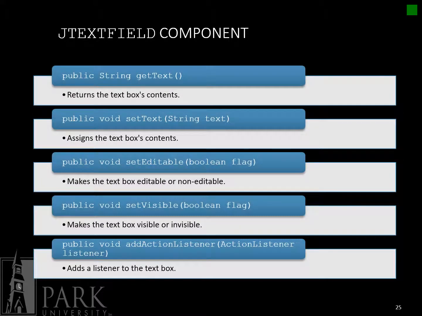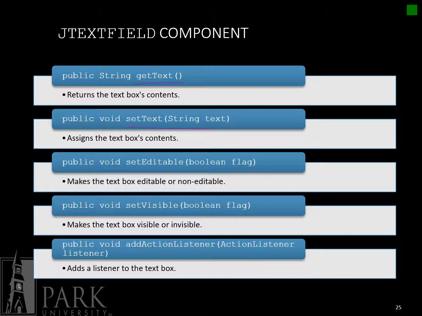However, the JTextField object has quite a few more methods than the label object, and here are some of the more common ones. You could always look at the Java docs for a complete list, but like I said, these are some of the more prevalent ones. getText will return the text that a user types inside the text box, or you can set the text to be inside the text box.